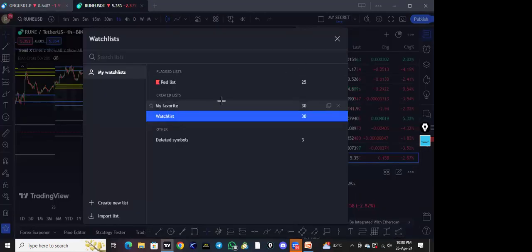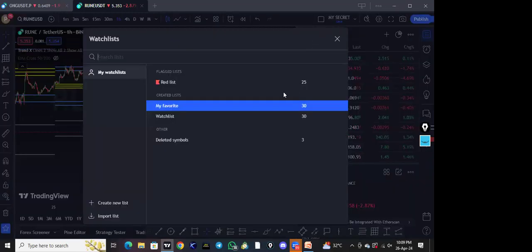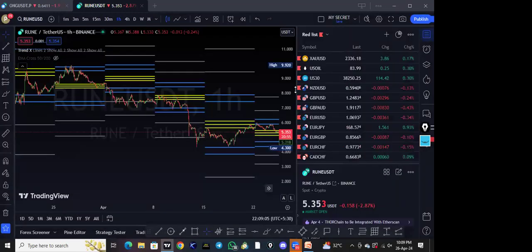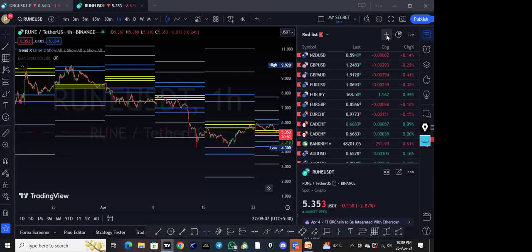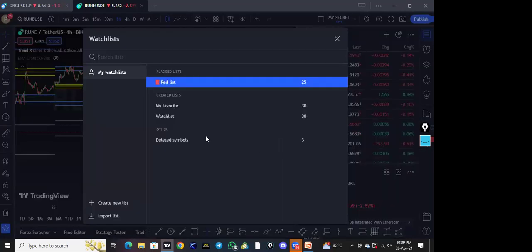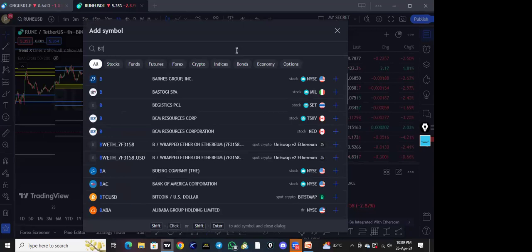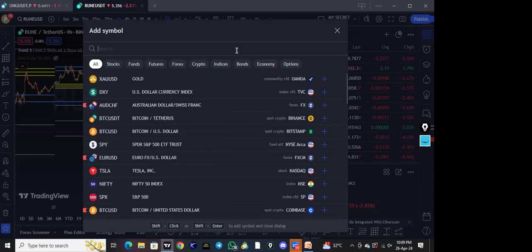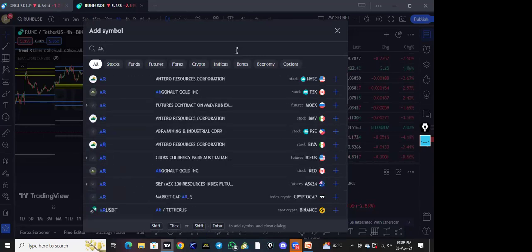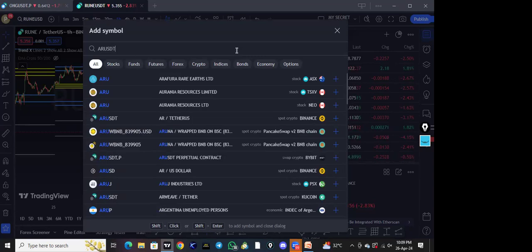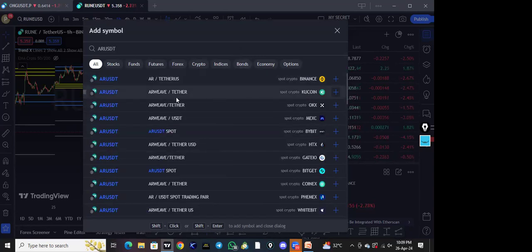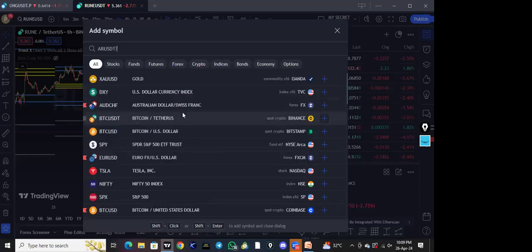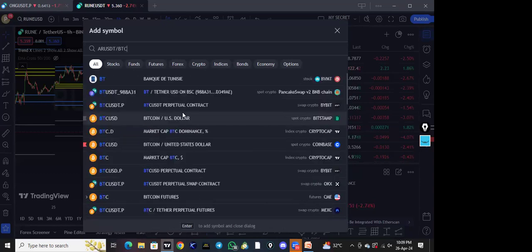Yes, sure, I can check. BTC versus AR. So you'd have to type in AR USDT, then a forward slash, then BTC USDT.